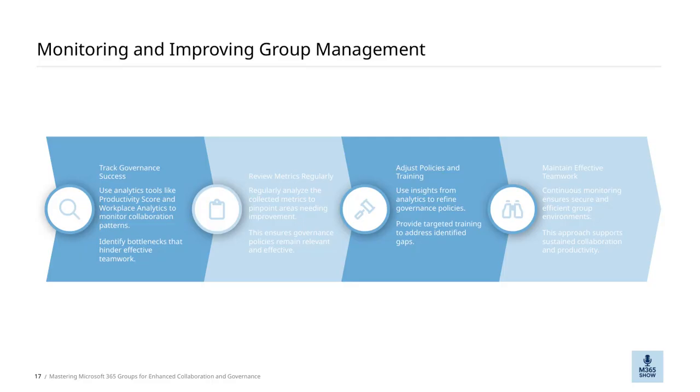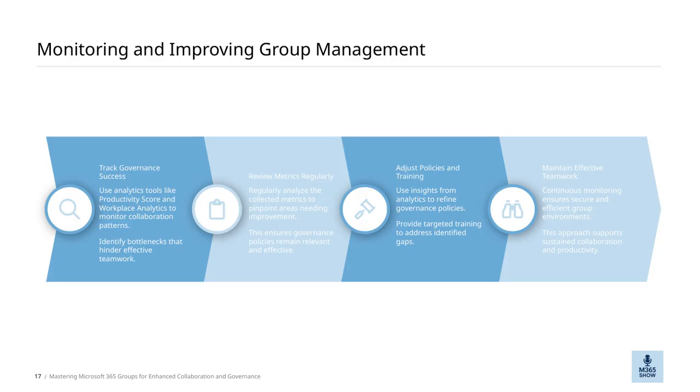Now, let's talk about the importance of continuous monitoring in managing our Microsoft 365 groups. By regularly checking how our groups are functioning, we can ensure that they remain secure and efficient. This ongoing oversight is crucial because it helps us maintain a healthy environment where collaboration and productivity can thrive without unnecessary risks or issues.